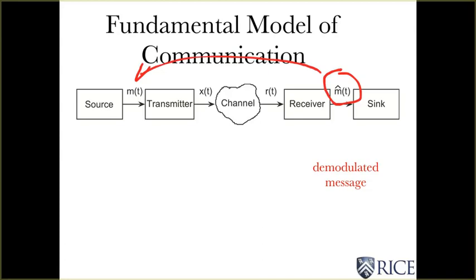One of the things you want to do when you design communication systems is to try to fight the channel so that you can minimize that error. It's this message M hat that goes into the sink, to the destination. That's what you get. It's known as the demodulated message.